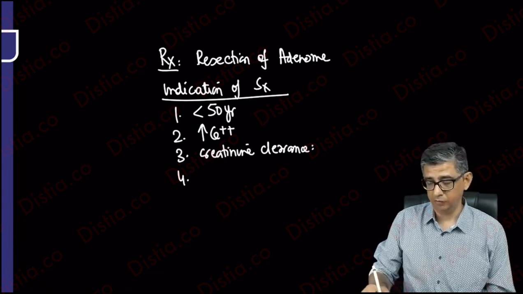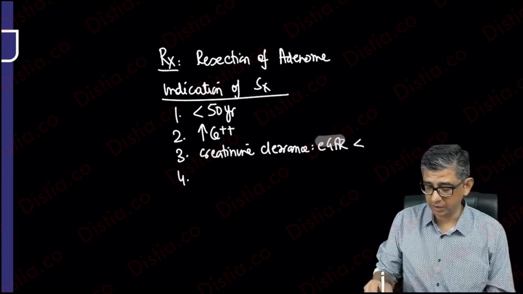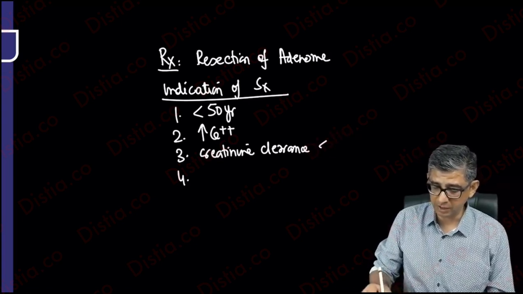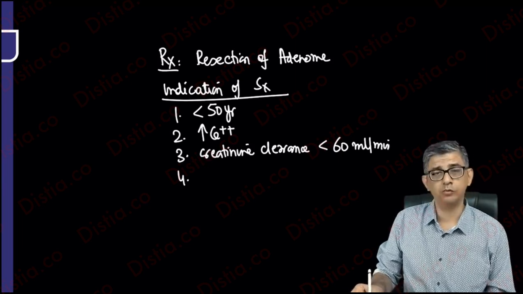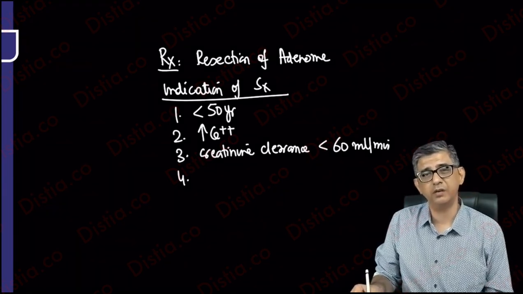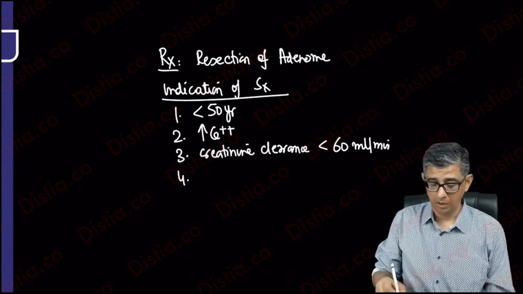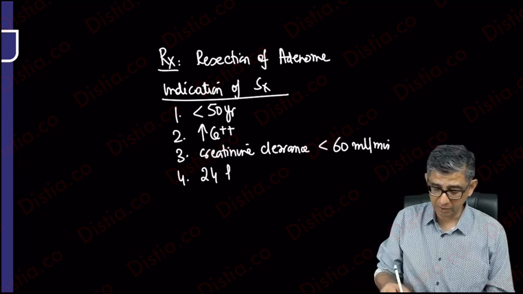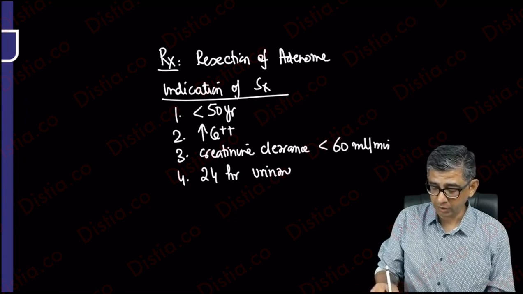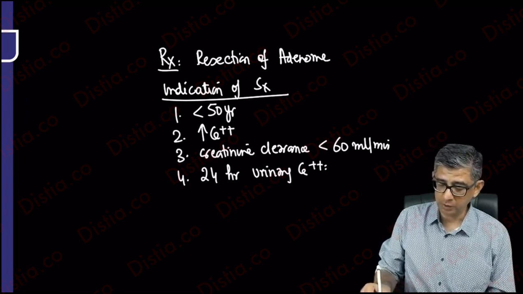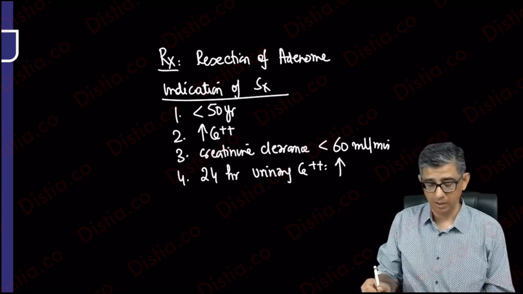If in a relatively younger patient with elevated calcium I notice that the creatinine clearance is less than 60 ml per minute, then this person's lifespan would be reduced if we do not intervene, and that is why surgical intervention would increase the lifespan of an individual. Apart from this, another test that can supplement my decision is the 24-hour urinary calcium value, because if calcium is more in the blood, then 24-hour urinary calcium would be elevated as well.